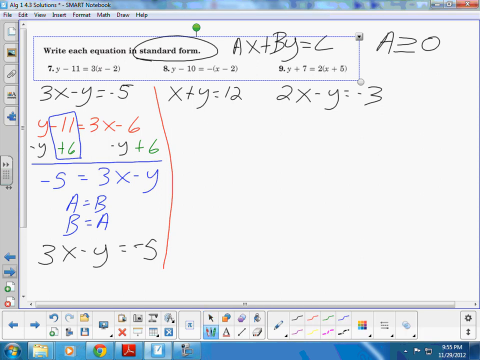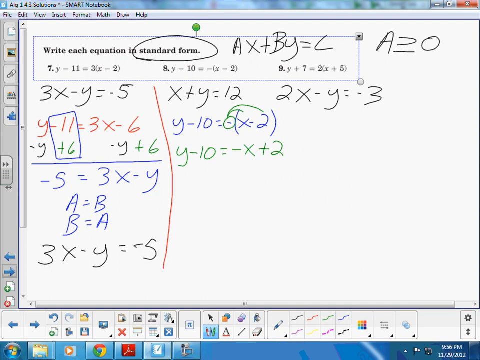Number 8, our answer, have it there. So working it out, y minus 10 is equal to a negative times x minus 2. Well, the problem here, the catcher, is that we have to understand that this negative is distributed to both inside numbers. So I have y minus 10 is equal to a negative x plus 2. A negative and a negative make a positive.